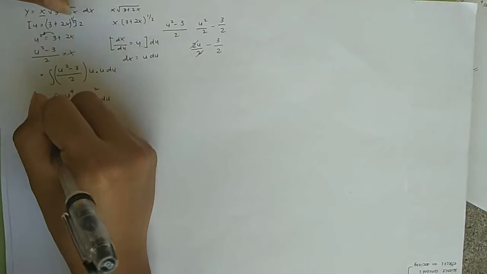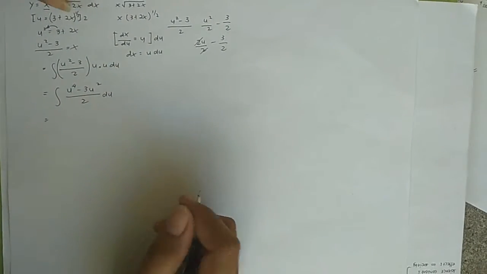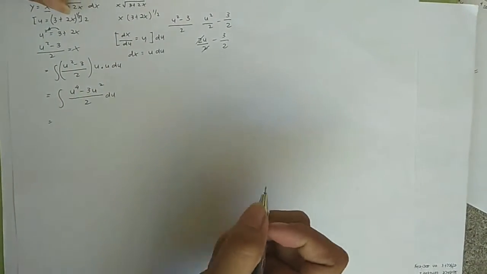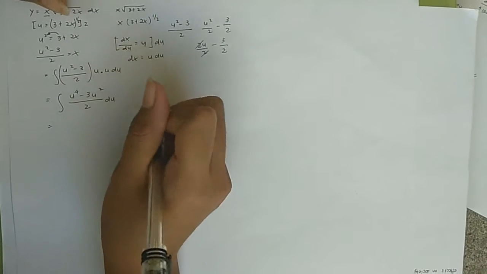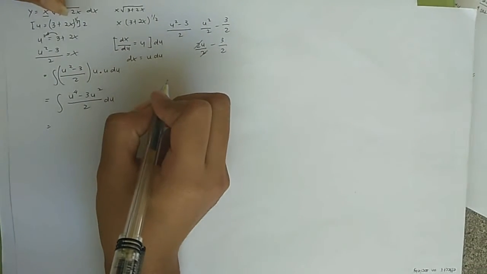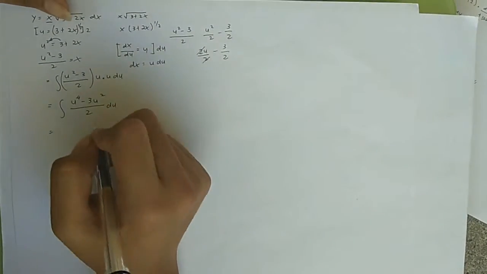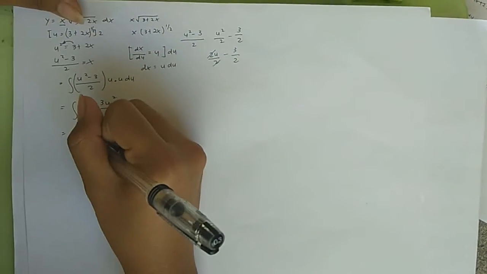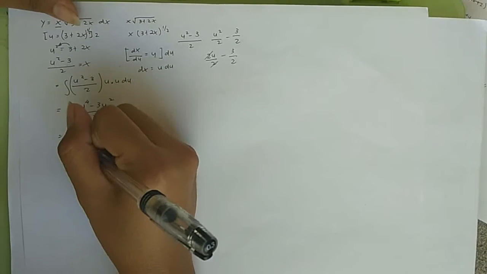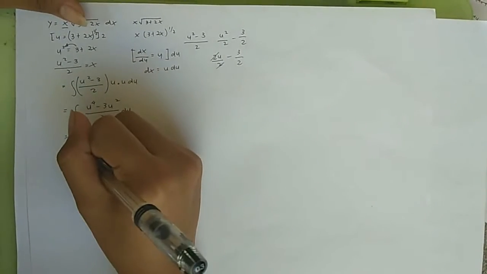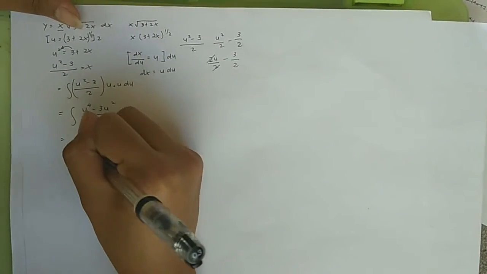We're going to use standard integration here, where we add plus 1 to the exponent and put the n plus 1 in the denominator. u raised to 4 plus 1 over 4 plus 1.